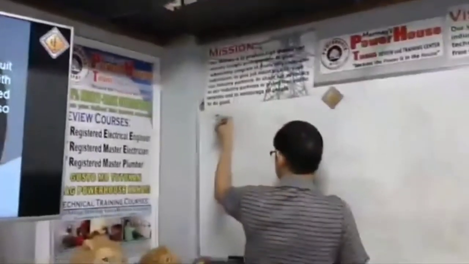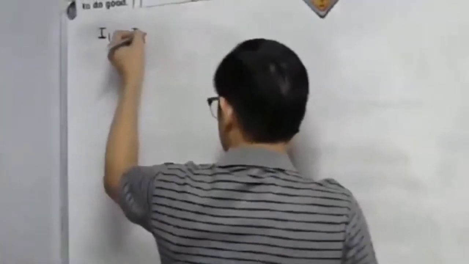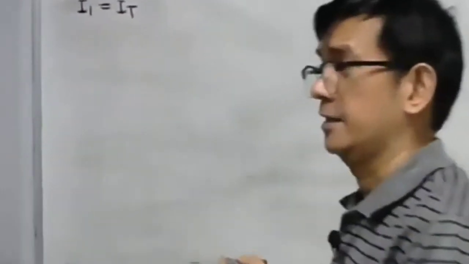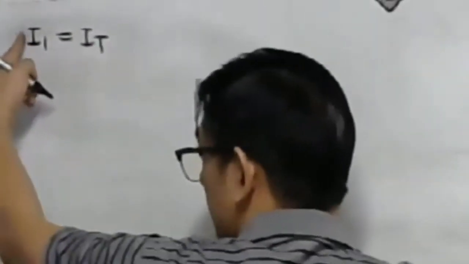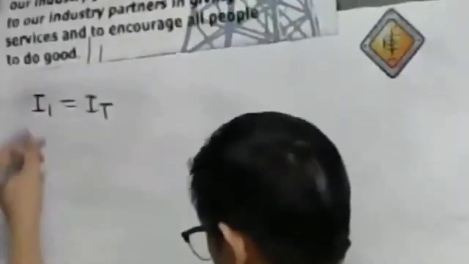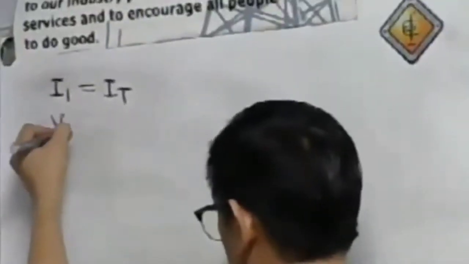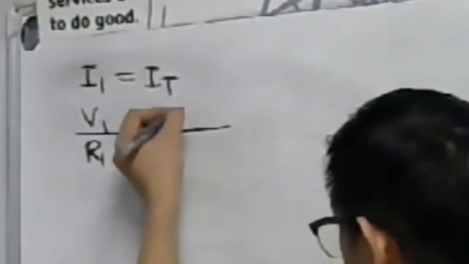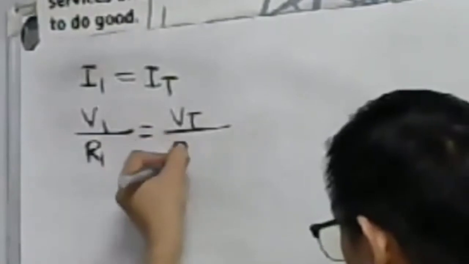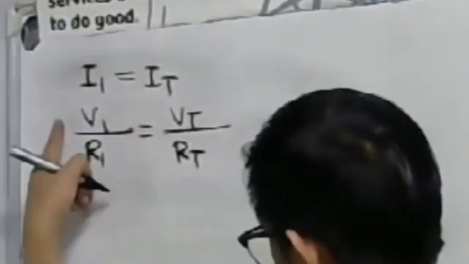Remember, they are connected in series. By Ohm's law, I1 is simply equal to V1 over R1. Then I total is V total over R total.